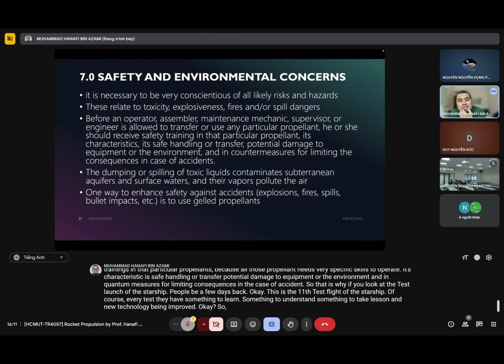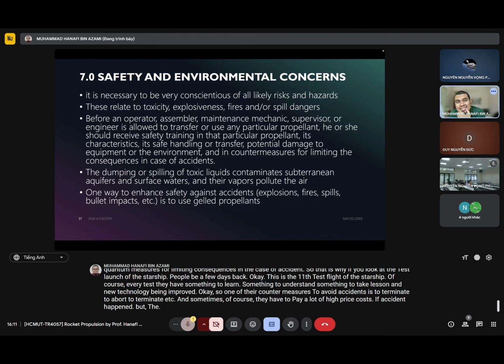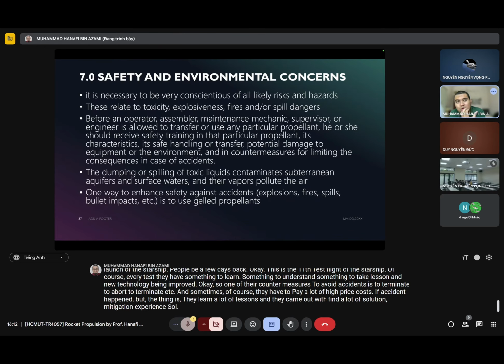One of their countermeasures to avoid accidents is to abort, to terminate, and so on. Sometimes, of course, they have to pay a high price if an accident happens. But the thing is, they learn a lot of lessons, and they come out with a lot of solutions, mitigation, experience, as well as new technology breakthroughs.